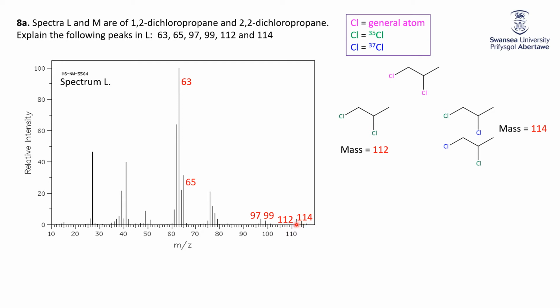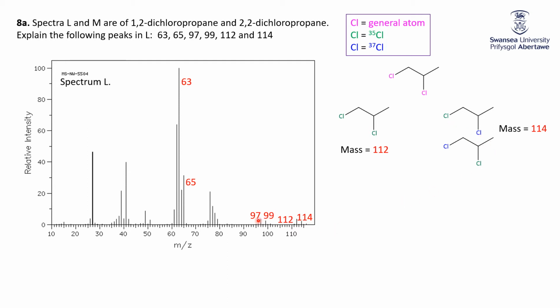The 112 just represents one possibility. If you squint, you can see the 116 peak down there, very, very teeny. That's where both of them will be chlorine 37s. So there we are. So the 112, 114 are the molecular ions associated with either both the chlorines being 35 or the two chlorines being one of each isotope.